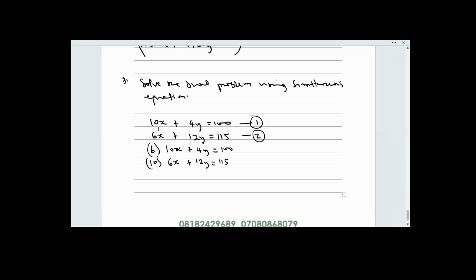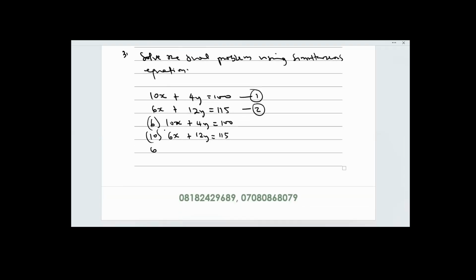So 6 multiplied by 10x will give us 60x plus 6 multiplied by 4, 24y. 6 multiplied by 100, 600. Then 10 multiplied by 6x, 60x plus 10 multiplied by 12, 120y. Equal to 10 multiplied by 115. That's 1,150. So this will cancel this.